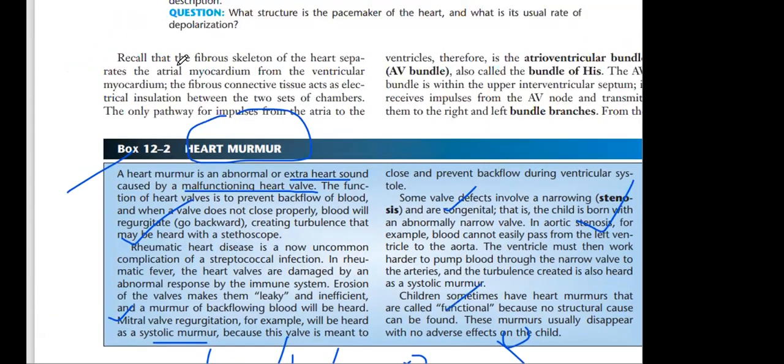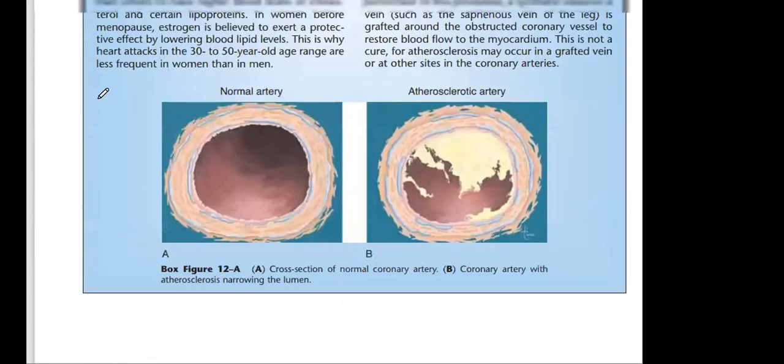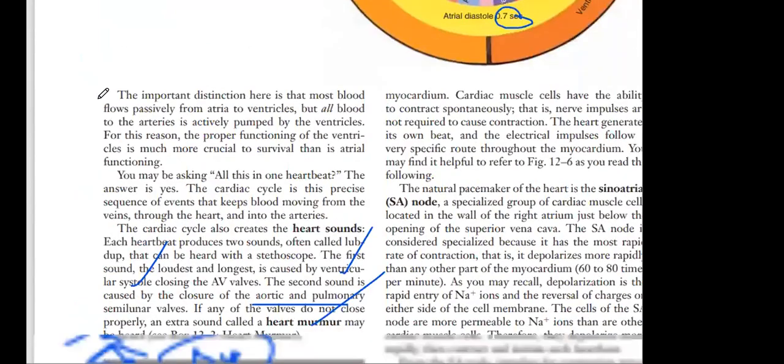This is very important. Heart murmurs are seen in valve diseases, mostly rheumatic heart disease, which attacks the valves, and in aortic stenosis. Something congenital is also there. This is the important thing we have to discuss.